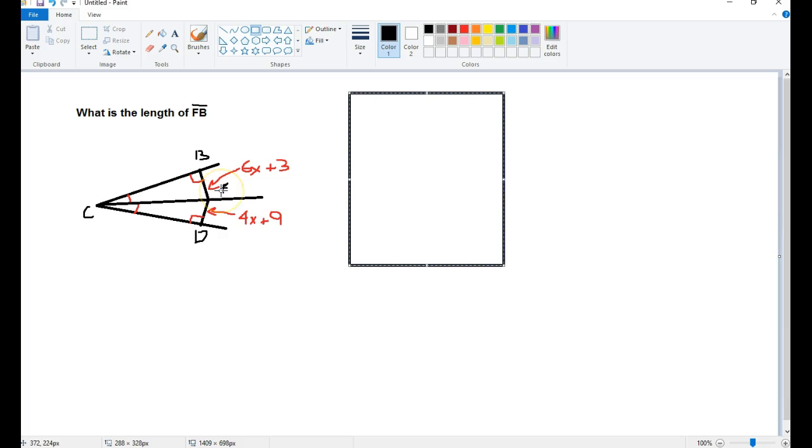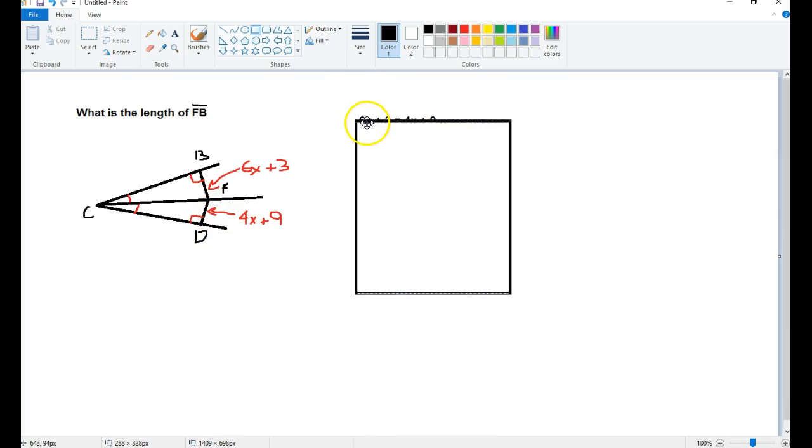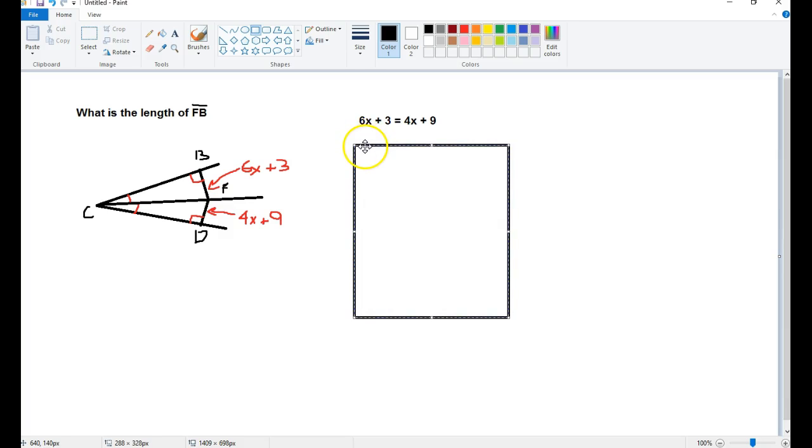So remember from the theorem which we had before, we're given all of these things, perpendicular lines here and here, and congruent angles bisector. That means that this side here, FB, is the same as this side here, FD. So now that we know that they're the same, we could set it up like this.